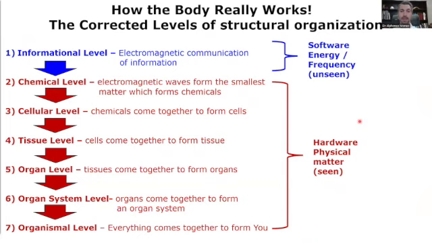But if the problem is coming from the body's energetic software that's messing up these other levels, they are only really looking at the symptom level. Even in the holistic health field, when people are doing blood panels, they could still be looking at the symptom and not the actual cause.